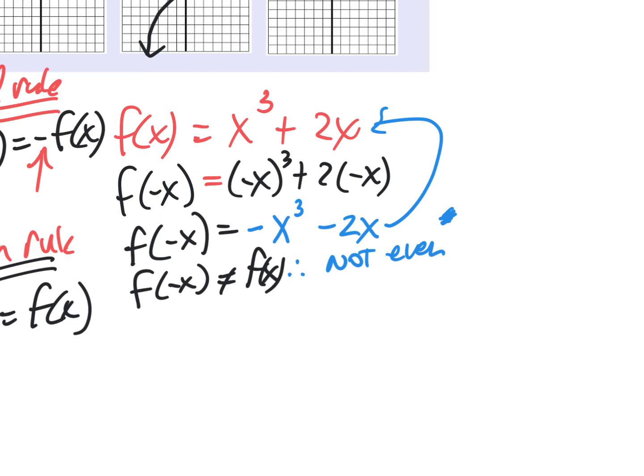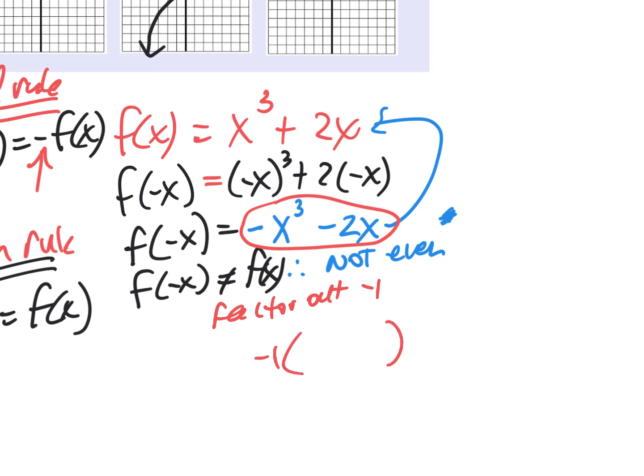Now we check the next thing, which is factor out a negative 1. If I factor a negative 1 out of this, negative 1 comes out to the front, and I get x to the third plus 2x.